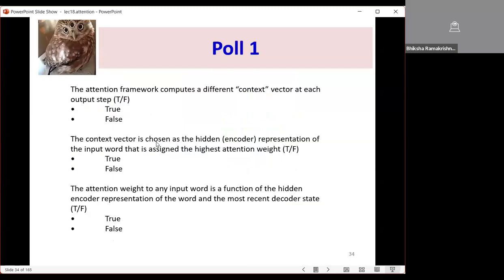And so here's your first poll. Let's see if I can pull this up. Can you see the poll?